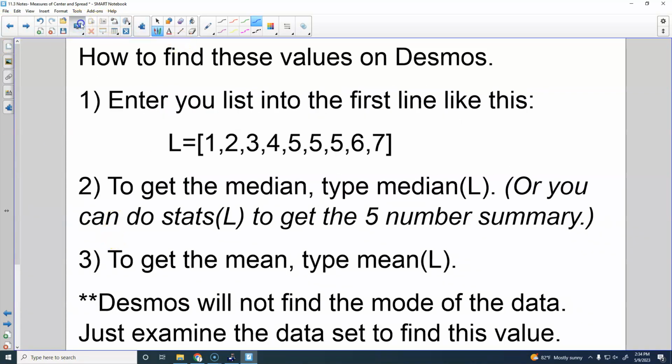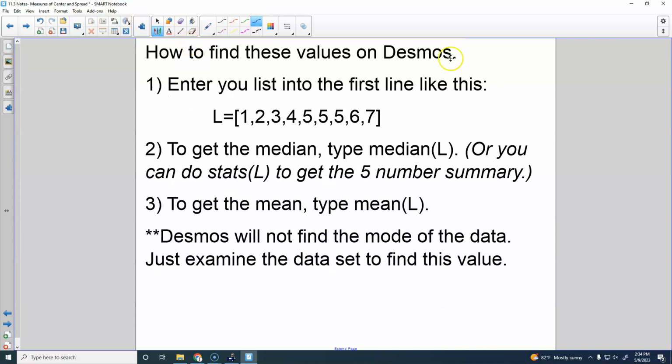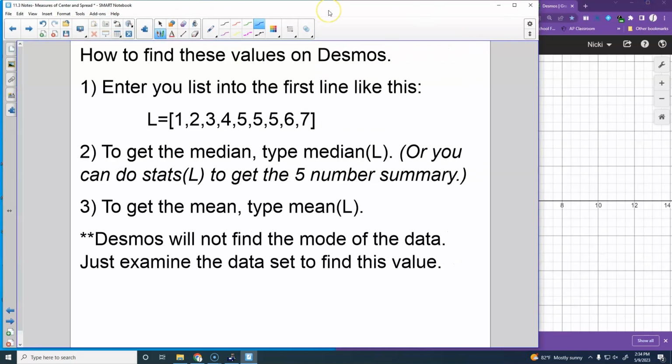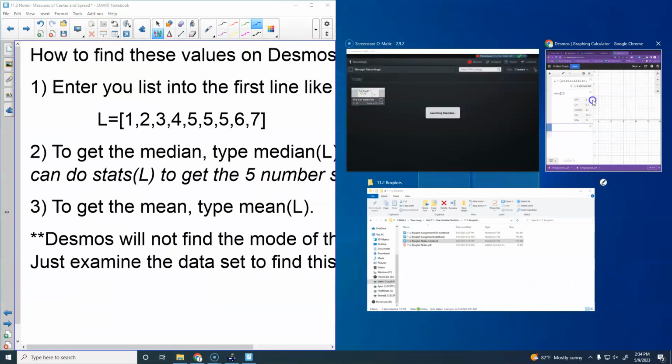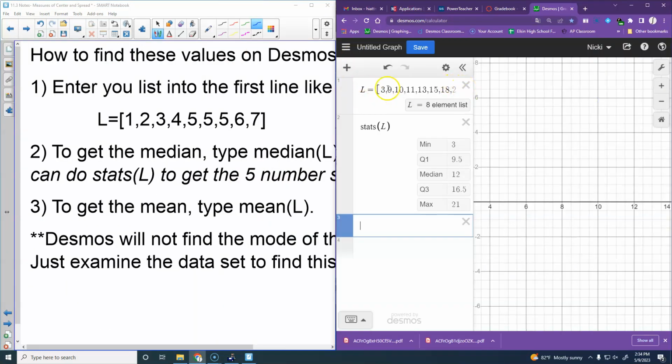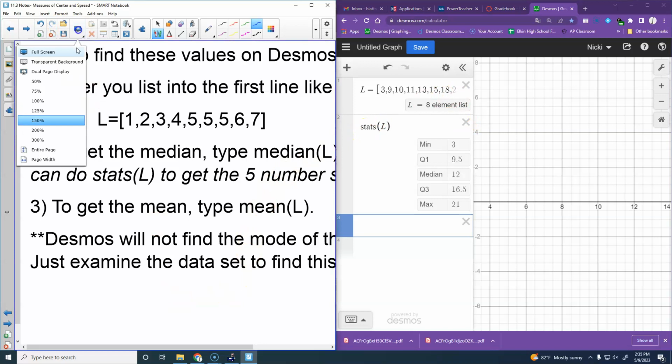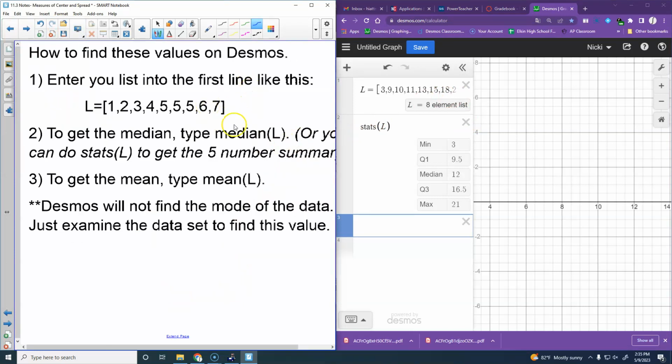All right, so how to find these values on Desmos. Just real quick, we already did a little bit of this, but if you have a data set, I'm not even going to put in a new data set. I'm just going to use the one I had right here. If you need to get the median, there are two ways.